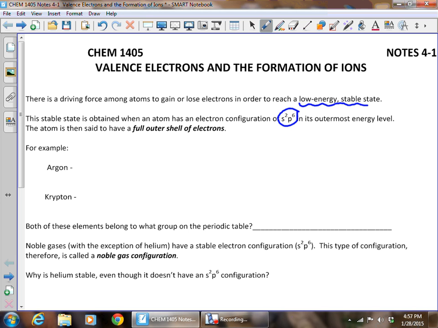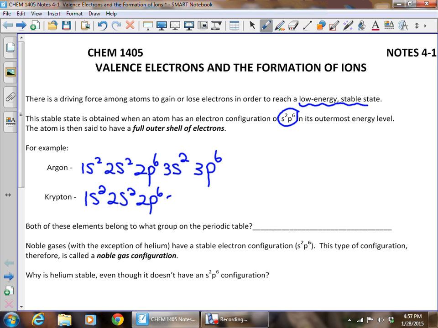For instance, argon's electron configuration is 1s2, 2s2, 2p6, 3s2, 3p6, whereas krypton's is 1s2, 2s2, 2p6, 3s2, 3p6, 4s2, 3d10, 4p6.